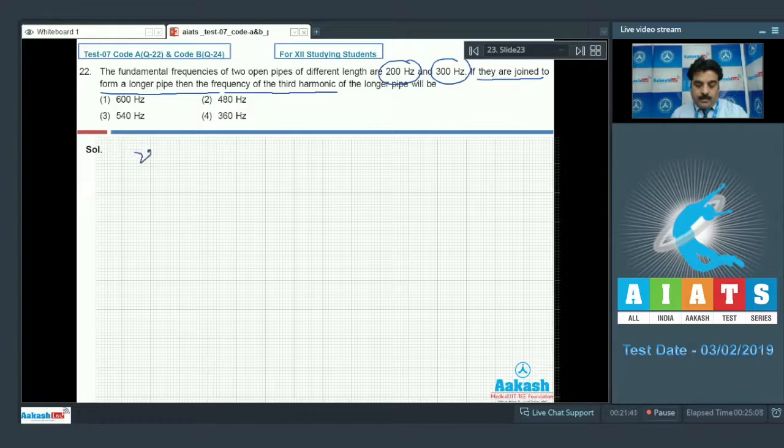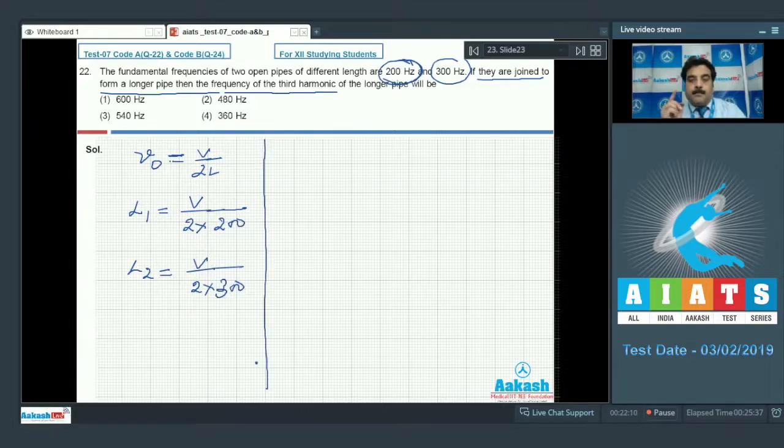So you know the fundamental frequency nu naught is given by V upon 2L. So for L1, we write V, speed, over 2 times the frequency, that is in case number 1, 200 Hertz. Similarly, for L2, speed V over 2 into frequency 300.